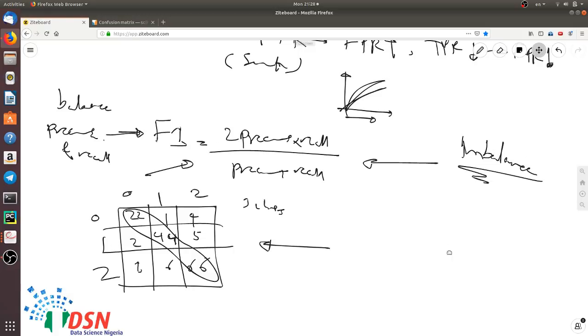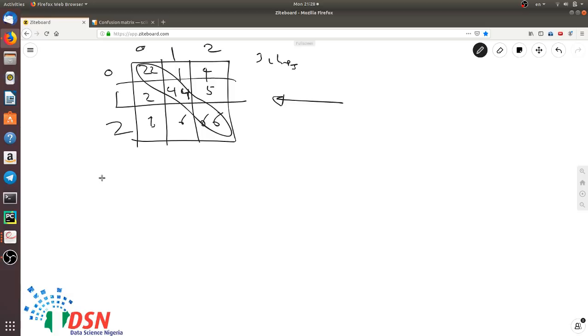So at the end, maybe it is better to briefly review the regression metrics. This was for classification problems: F1 score, precision, recall.